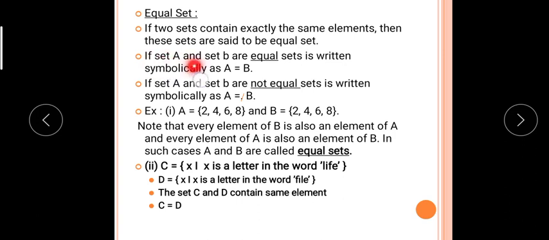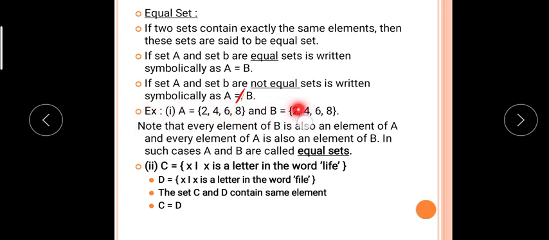See, if set A and set B are equal sets, it is written symbolically as A = B. And if they are not equal, then it is written as A ≠ B. Therefore these are called equal and not equal sets.